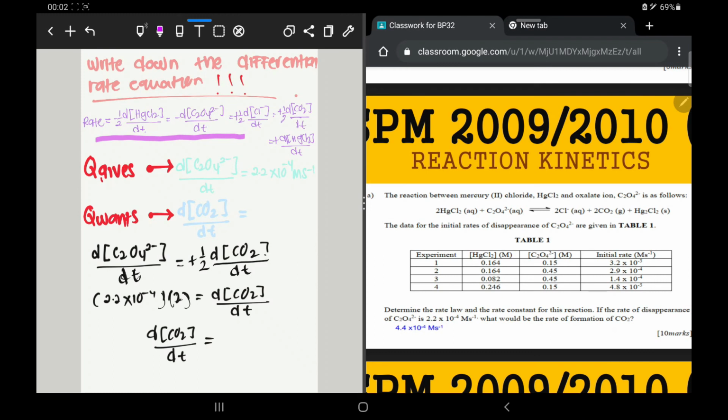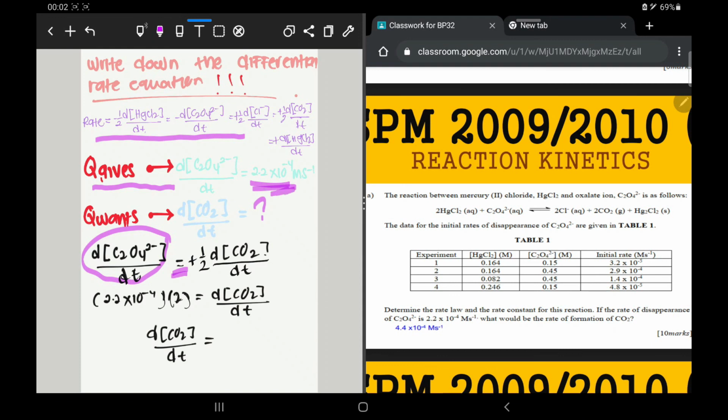So you need to identify what the question really gives. In this case, the question gives you the rate of disappearance of C2O4 2-, which is 2.2 × 10^-4 M s^-1, and the question wants you to find the rate of formation of CO2. How you do it is you just compare these two values. You know that the rate of disappearance of C2O4 2- is equal to half the rate of formation of CO2, and you have the value of the rate of disappearance of C2O4 2- over here.